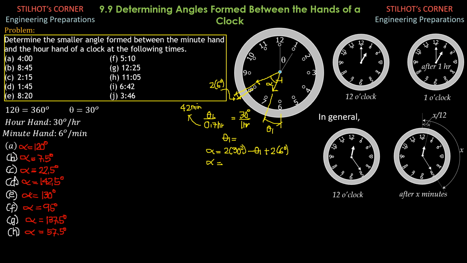So 0.7 of 30 is 21 degrees. So therefore, alpha is 60 degrees minus 21 degrees plus 12 degrees. And 60 minus 21 plus 12 is equal to 51 degrees. So therefore, our answer to part I is alpha equals 51 degrees.